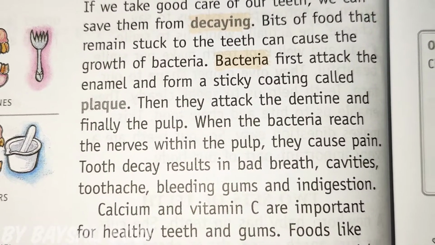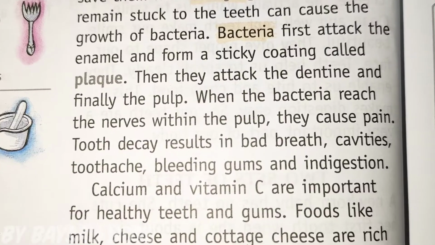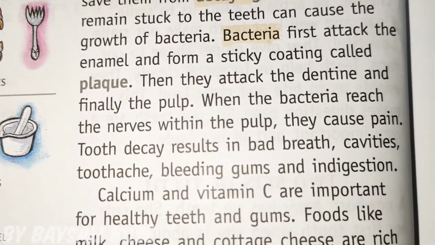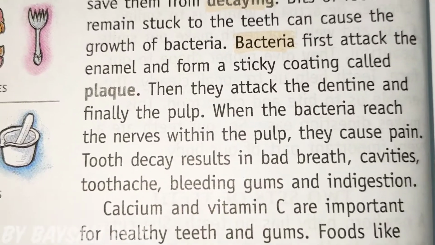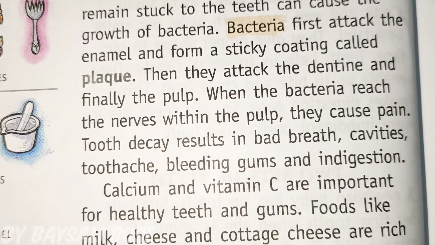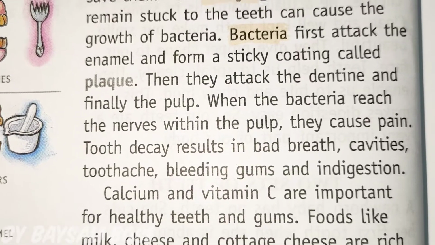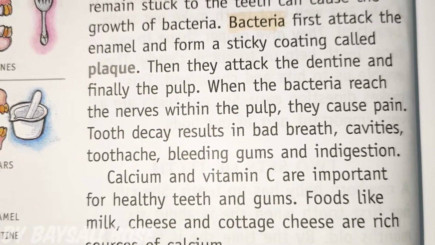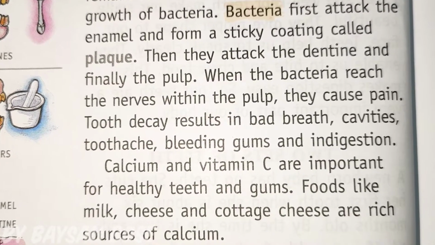Bacteria first attack the enamel and form a sticky coating, which is called plaque. The sticky coating over enamel, which is yellowish in color, is known as plaque. Then they attack the dentine and finally the pulp. When the bacteria reach the nerves within the pulp, they cause pain.